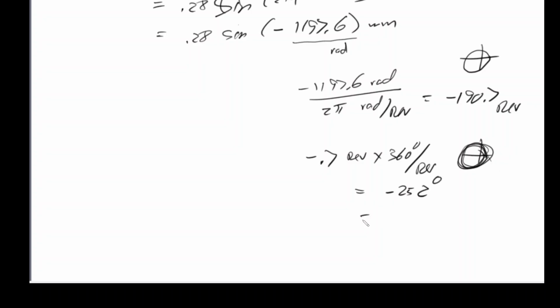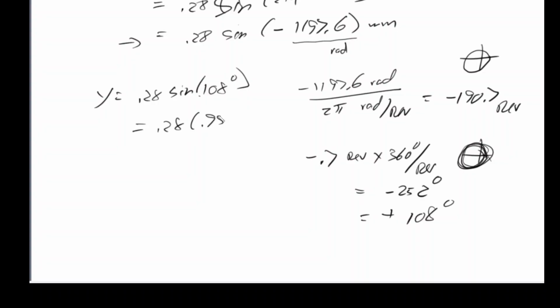And that's the same as a positive 108 degrees. So going back to our equation up here, y equals 0.28 times the sine of 108 degrees, which is equal to 0.28 times 0.95, which equals 0.27 millimeters. So that's our displacement at 0.2 meters in 3 seconds.